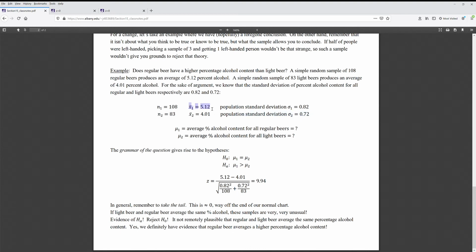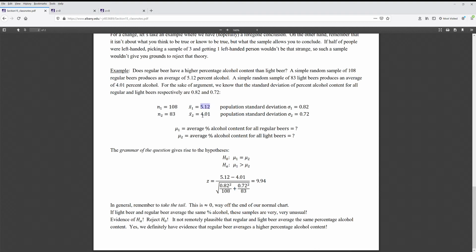X bar 1, on the other hand, is the average of the 108 percent alcohol numbers that we have theoretically averaged together. X bar 2 is the average of the 83 light beer percent alcohol numbers that we have theoretically in our head someplace. They average out to 4.01.